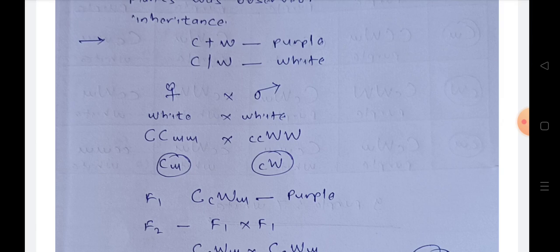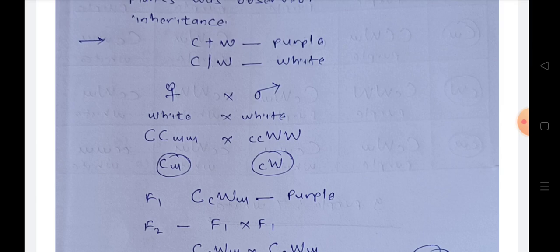So for the first white we can take capital C, small w, which crosses with the second white, where we take capital W, the dominant gene, small c, capital W. Here we take only the capital C dominant gene for the first white, and for the second white only capital W. Both dominant genes should not be taken, because when we take both capital C and capital W, it becomes purple. So we take the first dominant gene for the first white and capital W for the second white character.